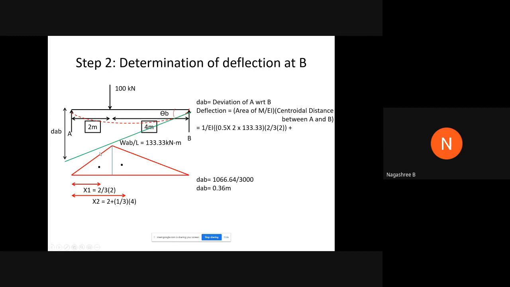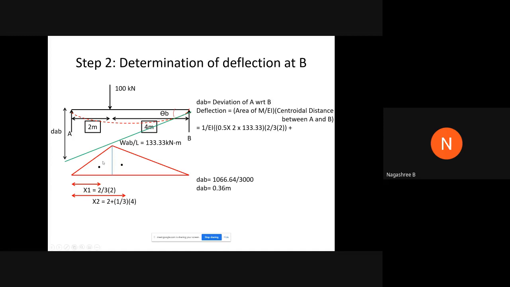Okay, so now we need to calculate the area of M by EI. The area represents half into 1 by EI, where I just take 1 by EI common. The area of a triangle is half into base into height. Here there are two triangles: one of span 2 meters and one of span 4 meters.